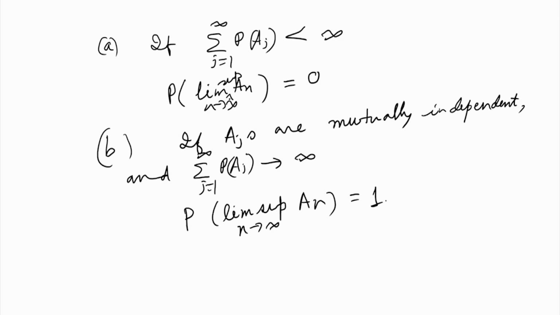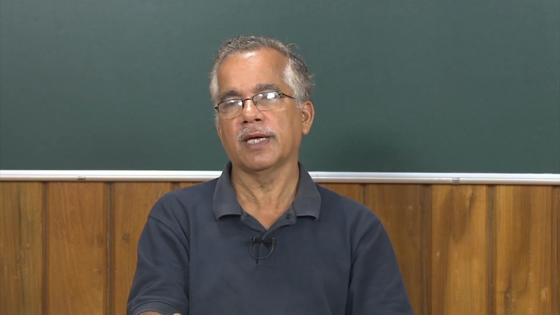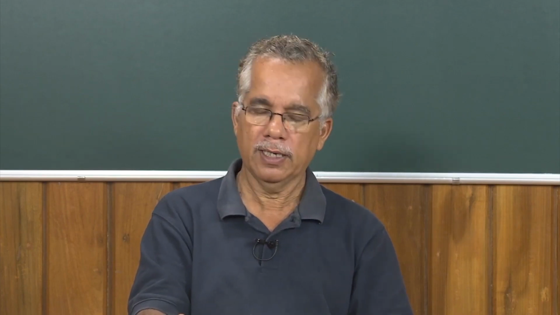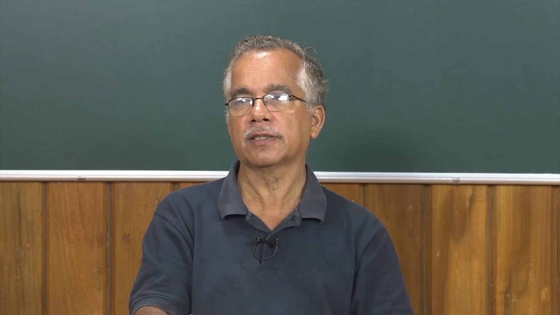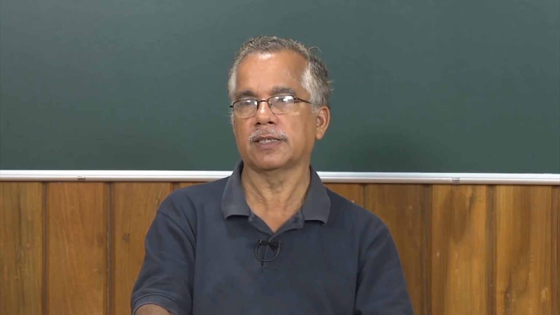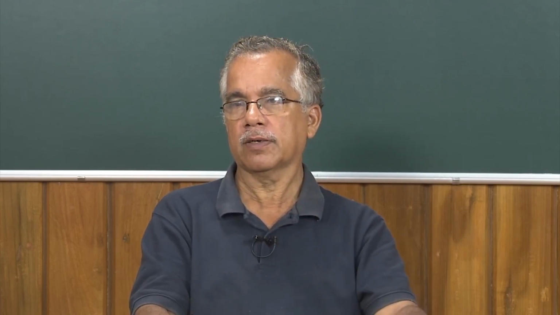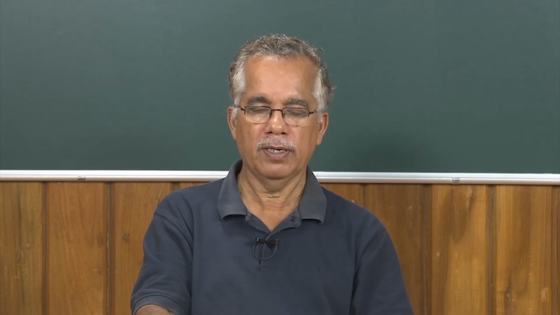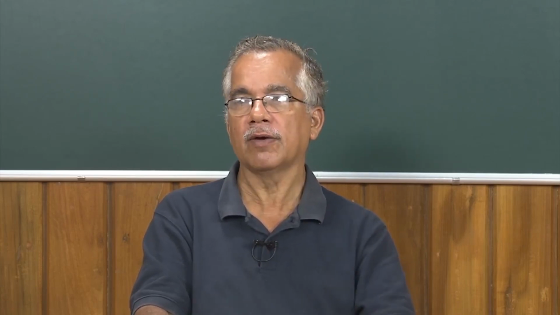These results will be used as the background for the next topics. The next topic we will be considering is the convergence of a sequence of random variables. Thank you.